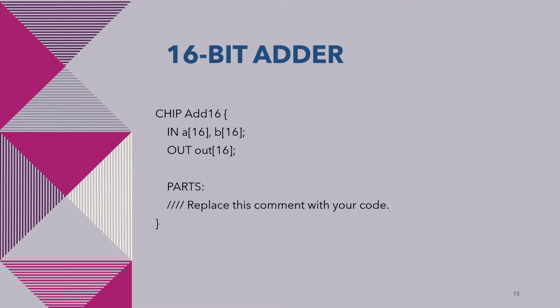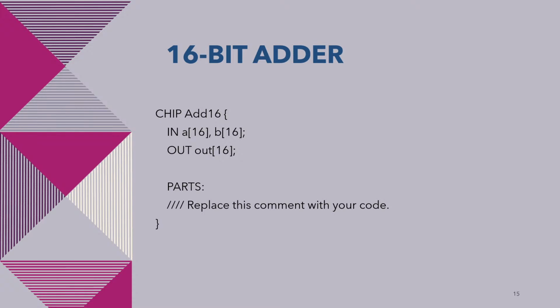Remember how to specify the various wires within this 16-bit bus, going from 0 to 15. You would just take those out, A0, A1, A2, and so on, within these brackets, and send those to your full adders. You can use 16 full adders for this, or use 1 half adder and 15 full adders.